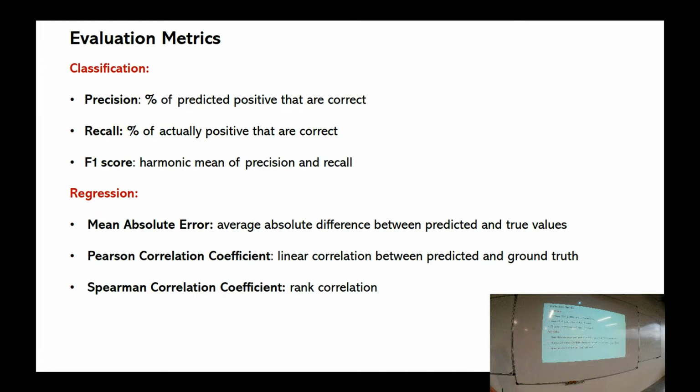You can have Pearson correlation, which tells you the linear correlation between the prediction and ground truth. Spearman is not computed on the continuous y values, but on the rank. So it tells you how much the rank of your predictions, so the order that you predicted, is coherent with the order of the true labels.